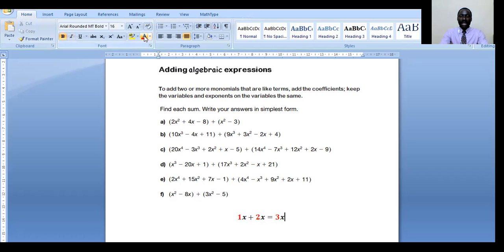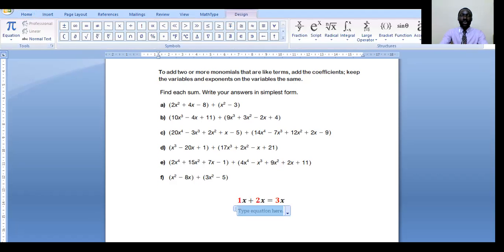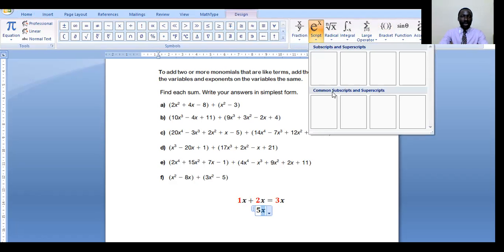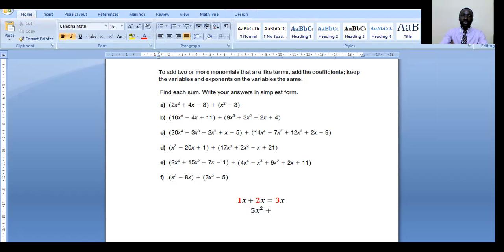Now, should it happen, according to this statement, that we are dealing with a number which has an exponent, let's say this time we are adding 5x squared to some other quantity, which in this case, for example, is 2x squared.